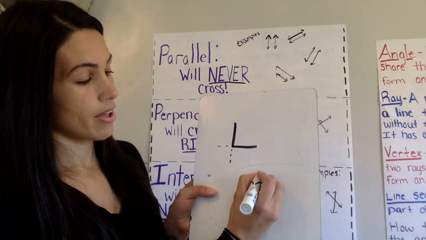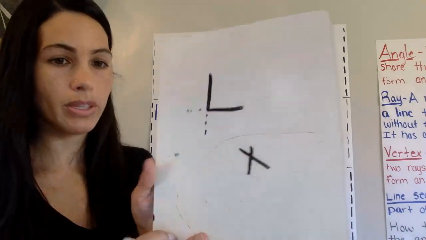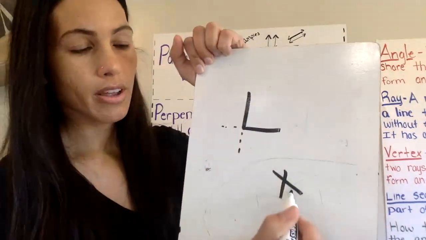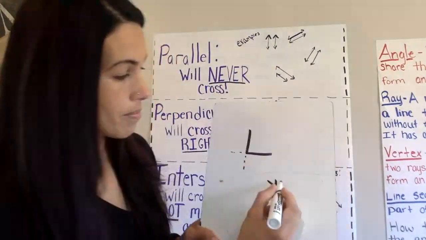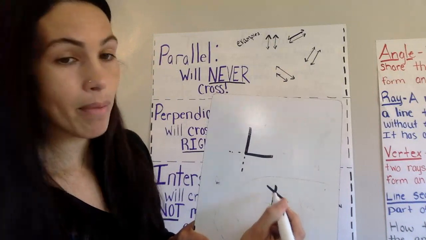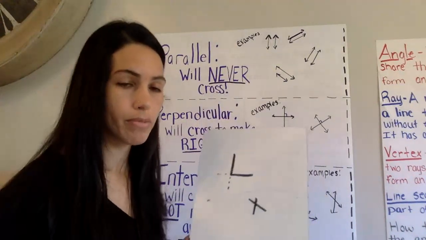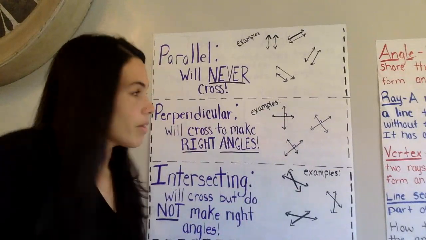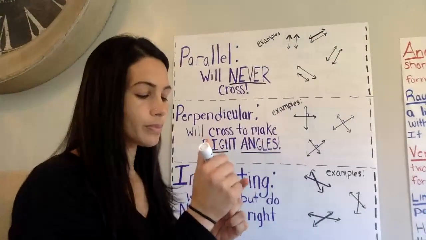But think about this. Even though they're crossing, would that be perpendicular lines? No, it would not. Because if I was to measure this, this would not be 90 degrees. So just don't get confused with that, okay? Look at my examples. Think of the real world examples.